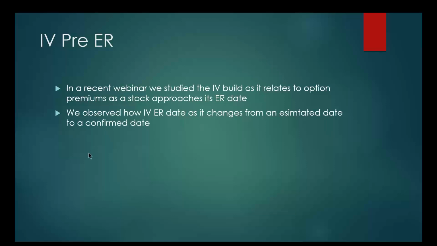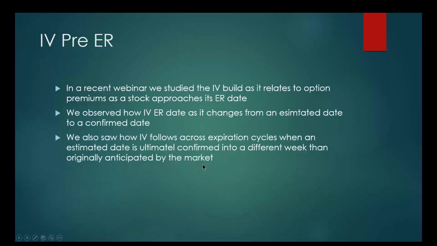Furthermore, we also saw how IV follows across expiration cycles when an estimated date is ultimately confirmed into a different week than originally anticipated by the market. So in that example, we looked at how the IV was priced into a certain week because everybody was thinking that's when the company was going to announce their earnings.